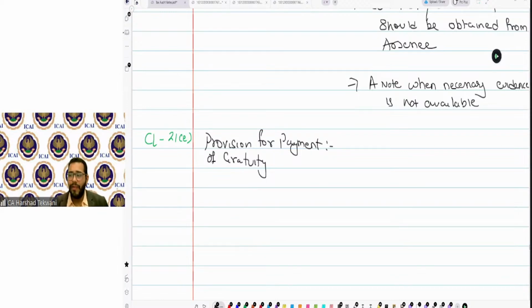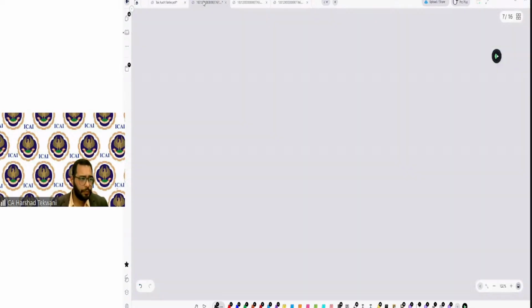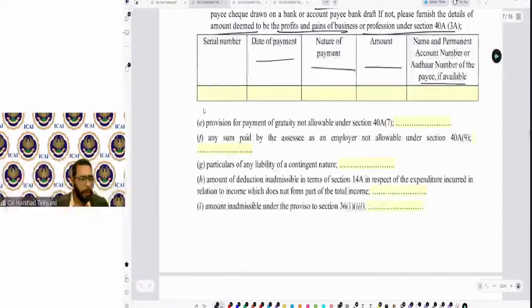And we need to verify the date from which it is effective. Also, we need to verify whether the provision has been made as provided in the trust deed or not. Then only we can say the payment that is made can be allowable or not. So, provision for payment of gratuity not allowable.